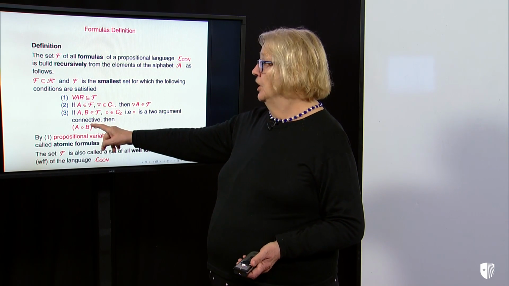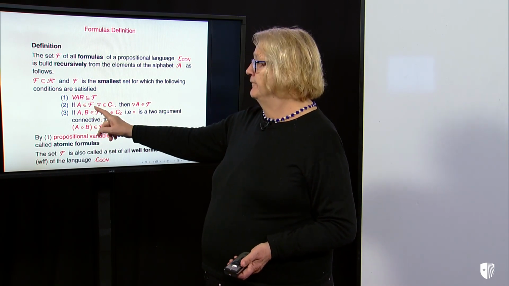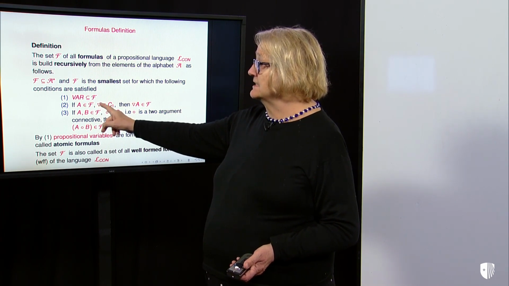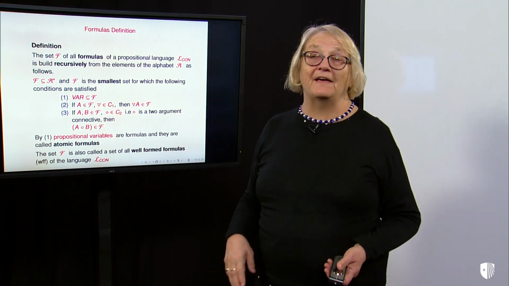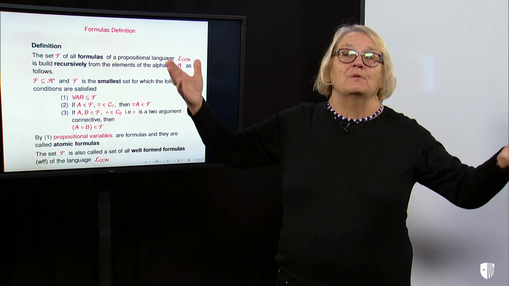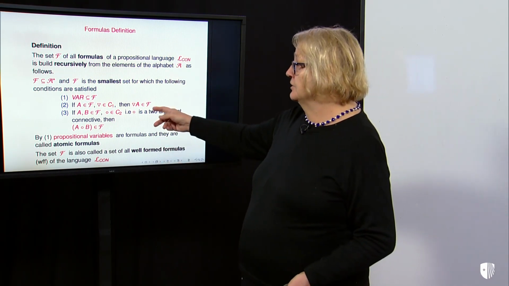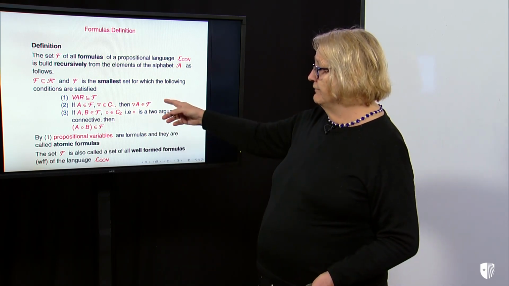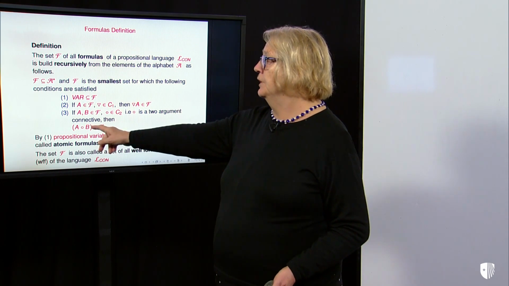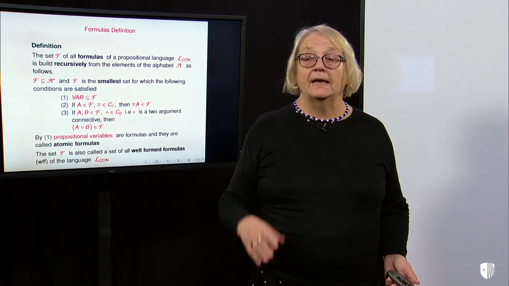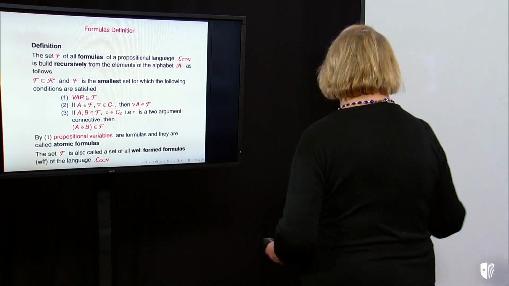If you have a formula already and a symbol of a unary connective, any unary connective, such an expression is called a formula. And when you have two formulas, you put the binary connective in between and put parentheses around them.